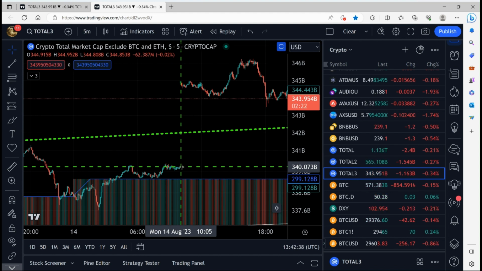And I couldn't for the life of me figure out what that was, and I'm still waiting for a response from TradingView. But I saw on Twitter or X someone else's channel that he got a response that it was due to more data that they were looking at, and that they were working on a solution to it.